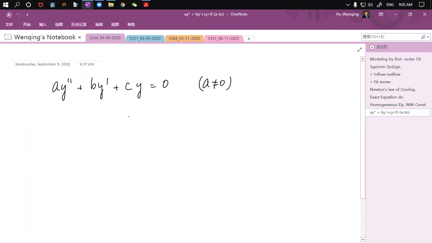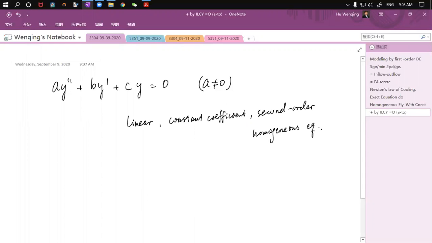So that's a linear constant coefficient second order homogeneous equation.